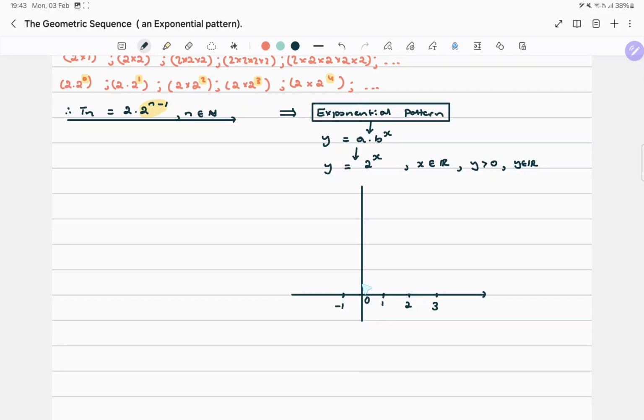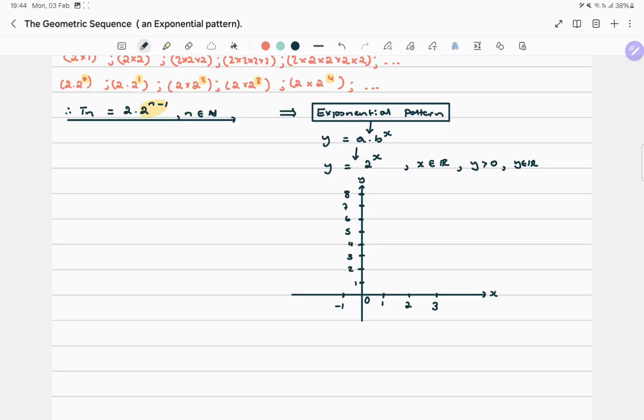Okay, we're gonna have 1, 2, 3, 4, 5, 6, 7, 8, and that's our y, and that's our x-axis.